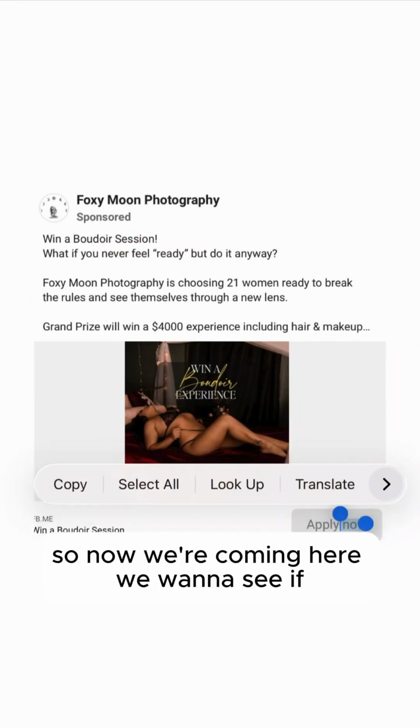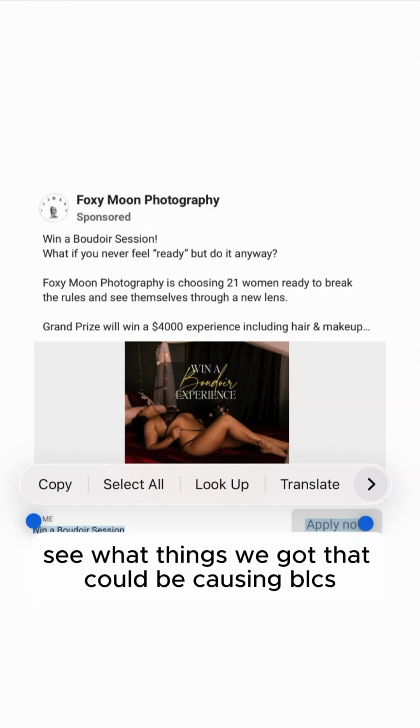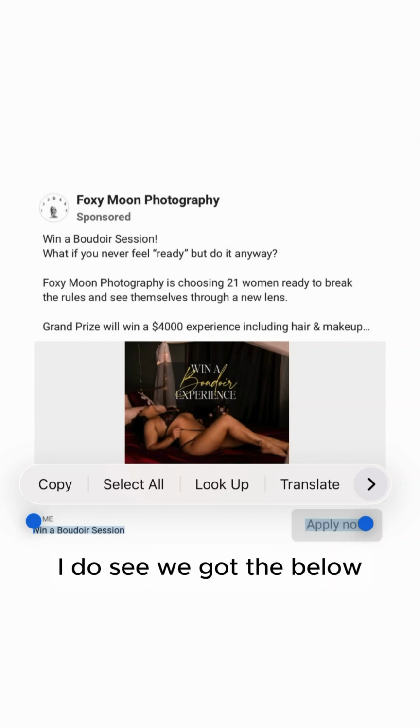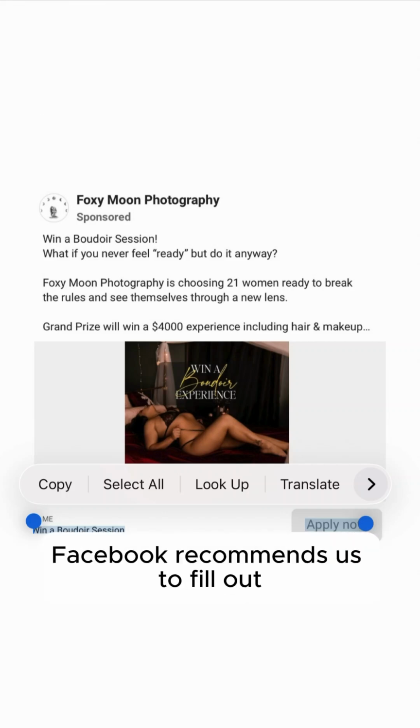So now we're coming here. We want to check out, see what things we got that could be causing BLCS, if any. So I do see we got the below creative cluster mistake here. This is filling out all the things Facebook recommends us to fill out.